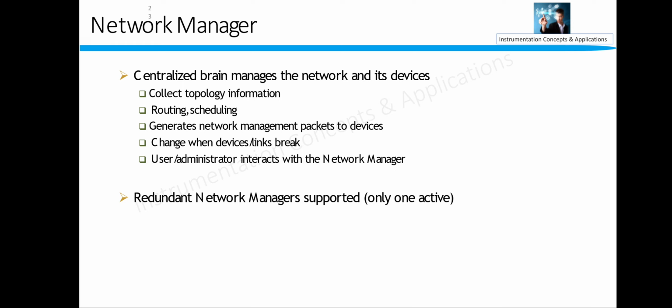What does it do? It manages the network and its devices, collects topology information, and handles routing and scheduling. It generates network management packets to devices and changes them when device links break. The user administrator interacts with the network manager. If you want to log in to the server, that is done through the network manager only.